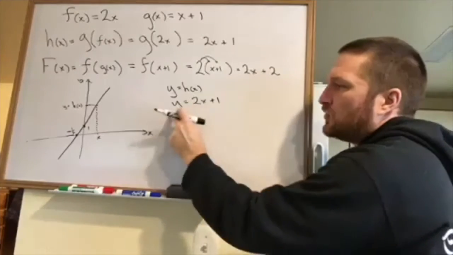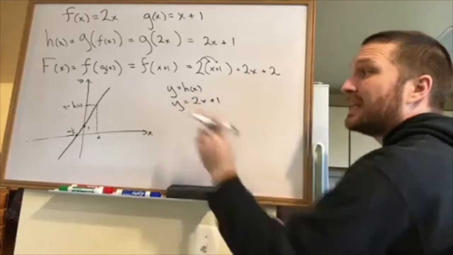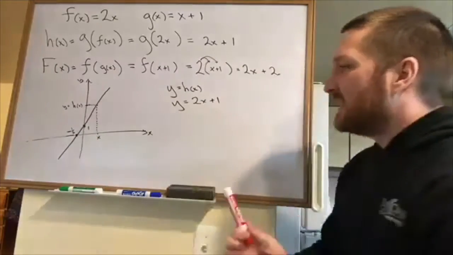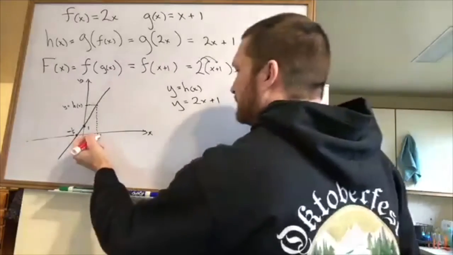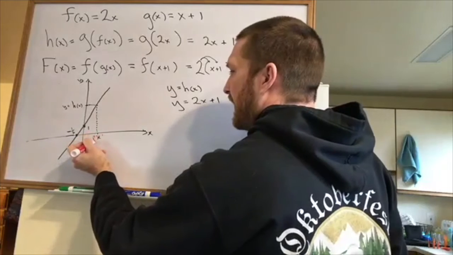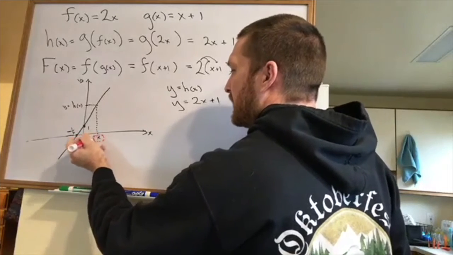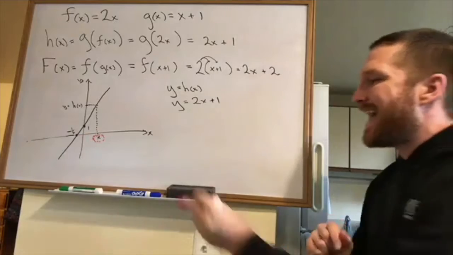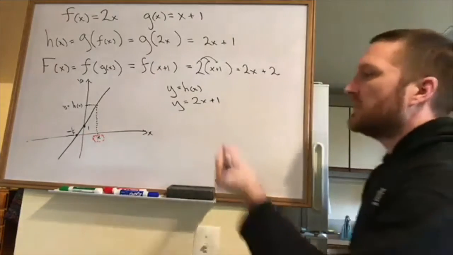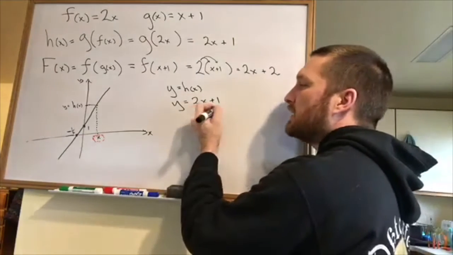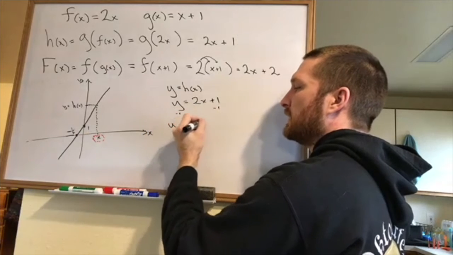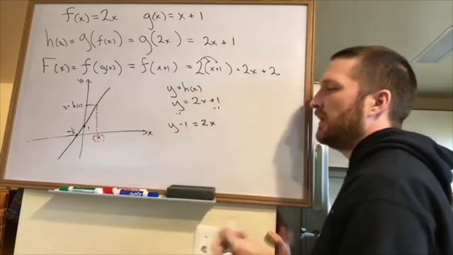I want to get x by itself, because that is the question, right? Given some value of y, we want to know what was the x. So we want to get that x by itself. I'm going to subtract 1 from both sides. y minus 1 equals 2x.